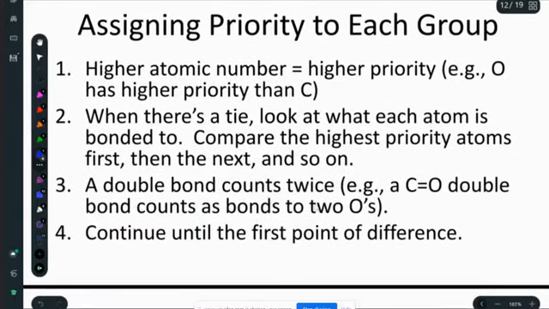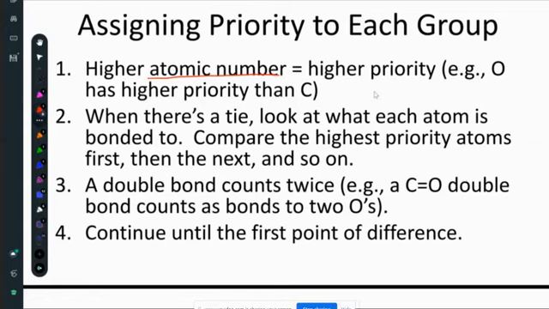Okay. So what are our rules for assigning priority? We're going to go by atomic number. Higher atomic number means higher priority. One thing to keep in mind of the atoms we deal with regularly: hydrogen is the lowest, atomic number 1, and then the next lowest is usually carbon.